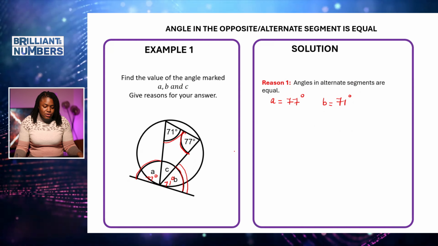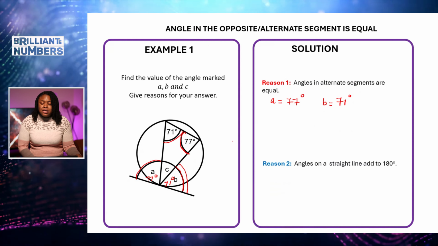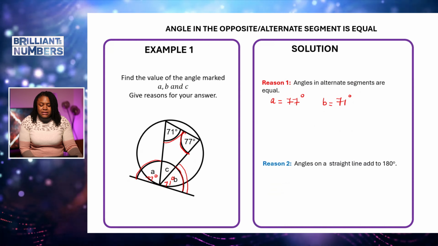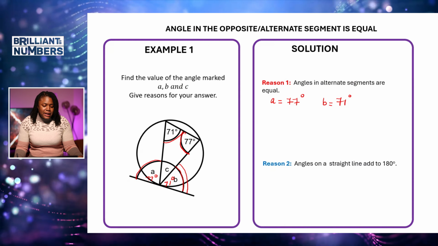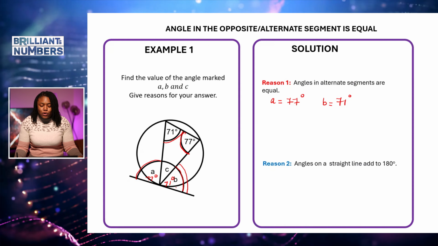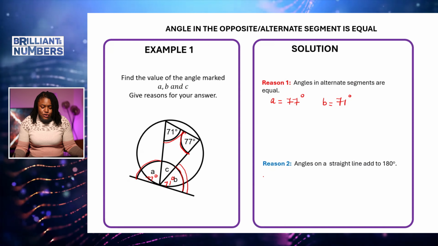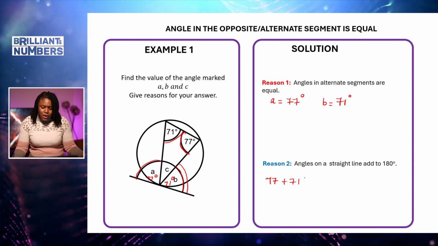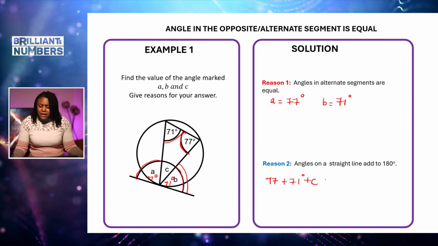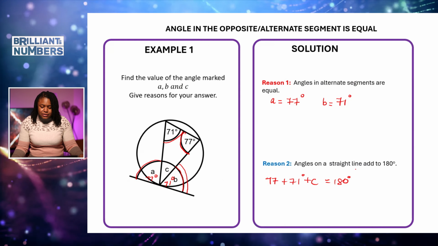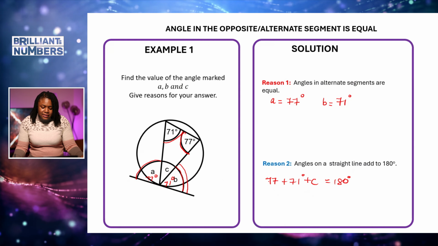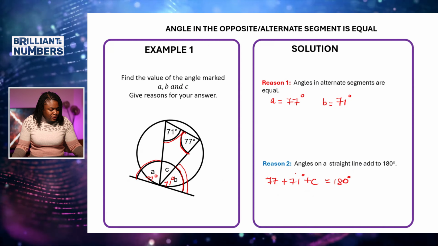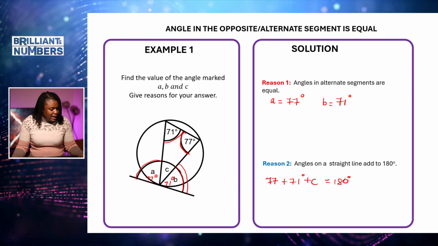Now we're just going to go to our next step, which is that angles on a straight line add to 180 degrees. So we're going to form an equation to find the value of C. We can see here, if I write 77 plus 71 plus C, that should give us 180 degrees. I'm just going to do that quickly on the calculator, just to avoid any error at this stage.